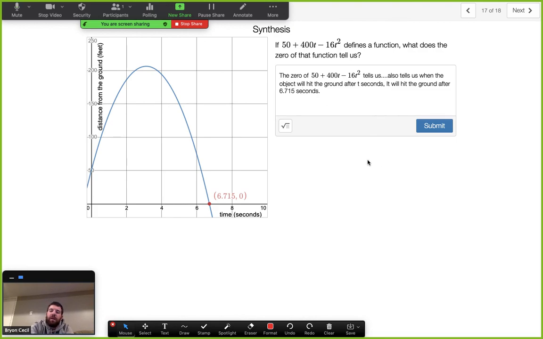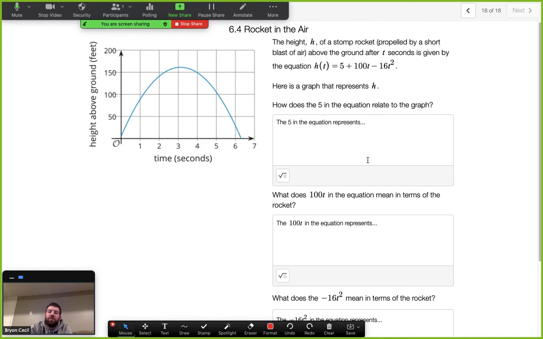Okay, let's do our last slide, our cool down. We got 5 plus 100t minus 16t squared, and the graph that represents the height of a stomp rocket. I don't know if you guys used to play with these or not. These things were so cool. Back in the day, you'd put them on there and you'd stomp on it, and that blast of air would shoot the rocket up into the air.